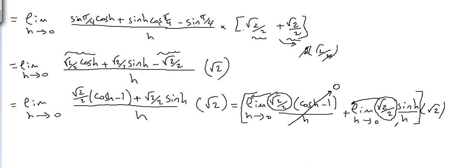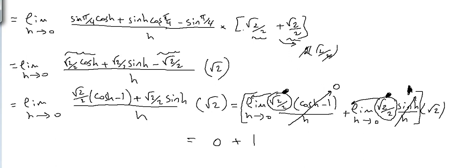And the limit of sine h over h as h tends to 0, it is 1. So what is left is radical 2 over 2 times 0 is 0, plus radical 2 over 2 times 1.